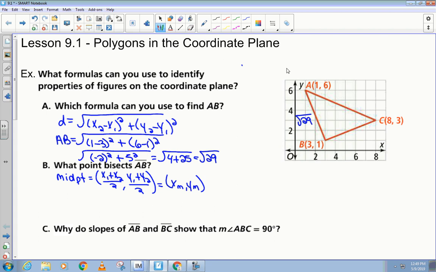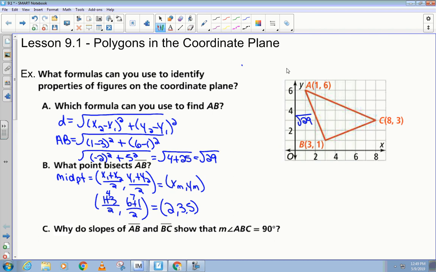Okay? So if we're going to find the midpoint of AB, we would add our x's together. So that would be 1 plus 3 divided by 2. And then 6 plus 1 divided by 2. 1 plus 3 is 4, divided by 2 is 2. 6 plus 1 is 7, divided by 2 is 3.5.